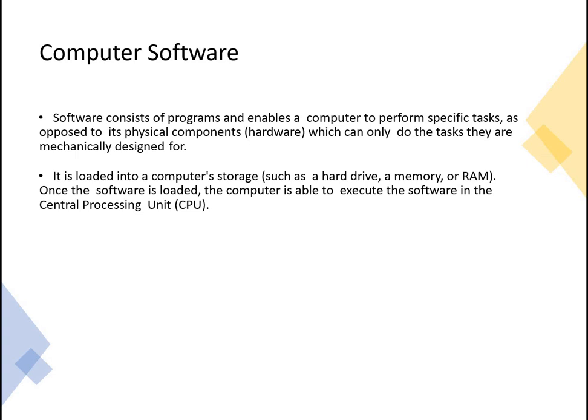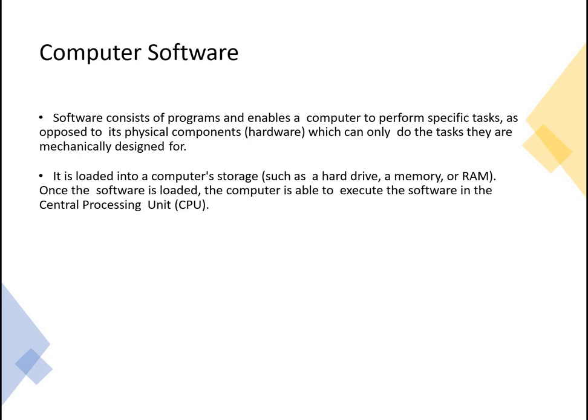Okay, and it is loaded into computer storage. So we know the software which is developed is loaded into the computer storage, that is the memory like RAM or any hard drive. Once it is loaded, the computer is able to execute the software in the CPU.